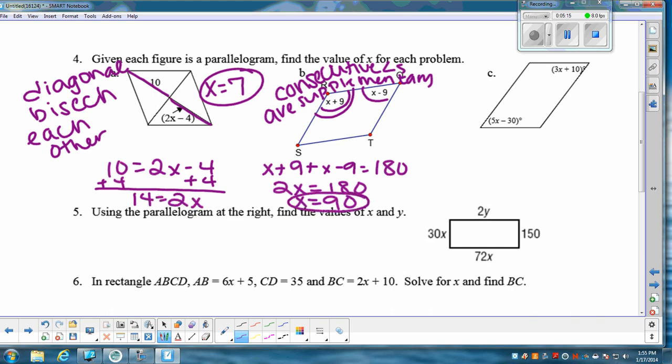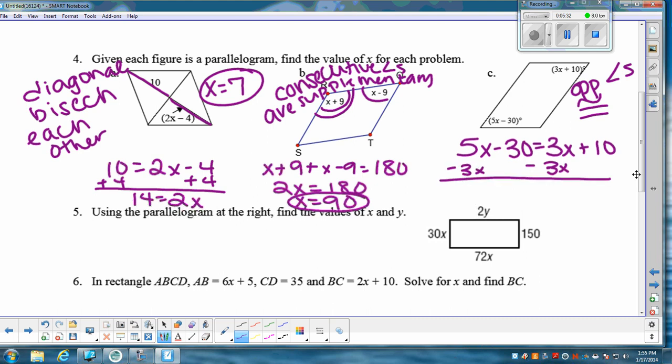In C, we're given opposite angles, and we know opposite angles are congruent, so we set them equal to each other. Solve our equation. So we get that x equals 20.